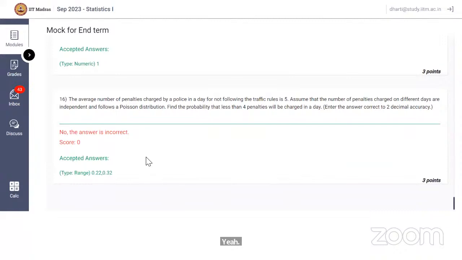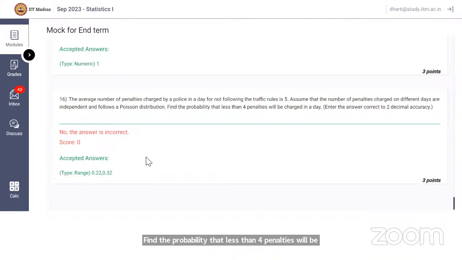So question number 16. The average number of penalties charged by a police in a day for not following the traffic rules is 5. It's an average number, right? Assume that the number of penalties charged on different days are independent and follow a Poisson distribution. Find the probability that less than 4 penalties will be charged in a day.